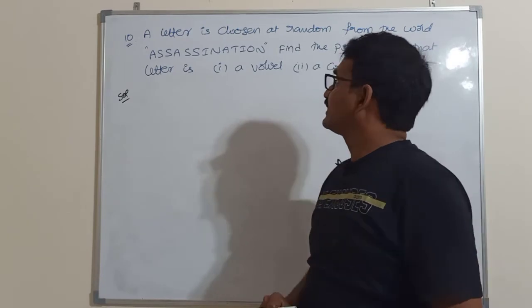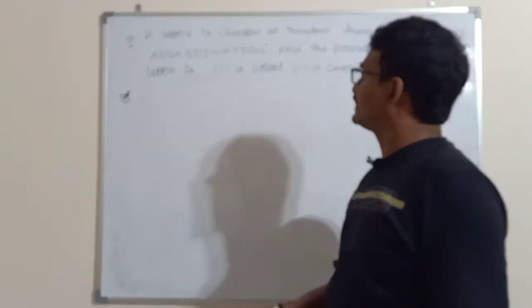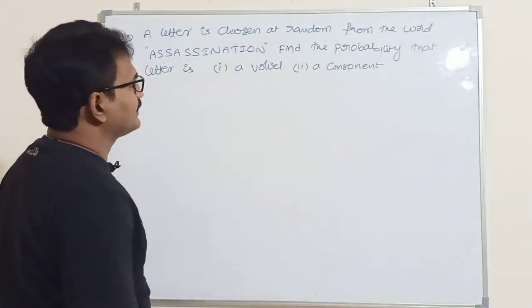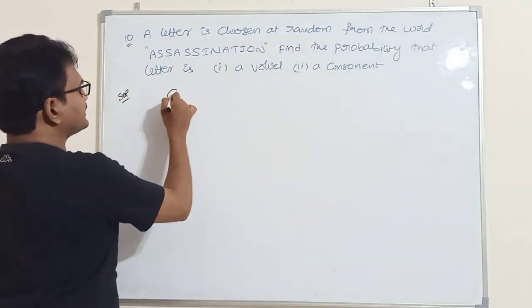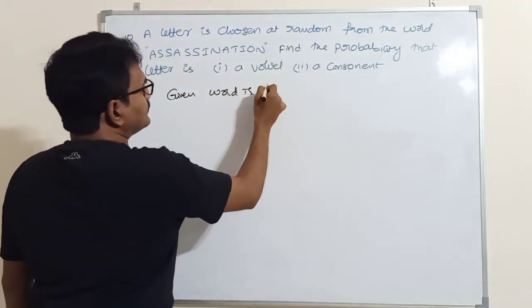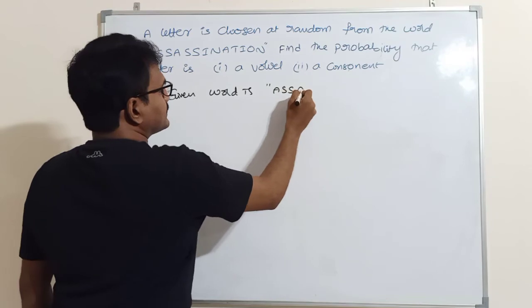Next, a letter is chosen at random from the word assassination. Find the probability that the letter is a vowel. Second question: a consonant. The given word is ASSASSINATION.